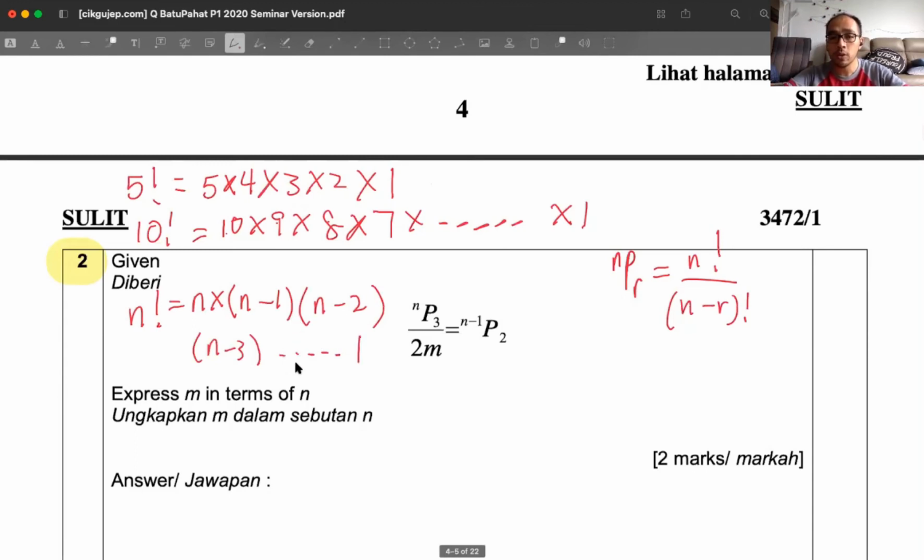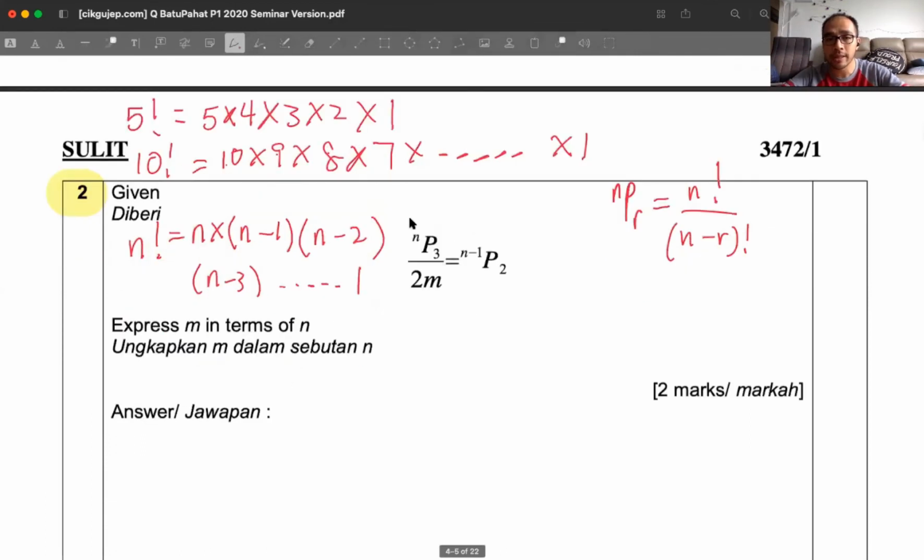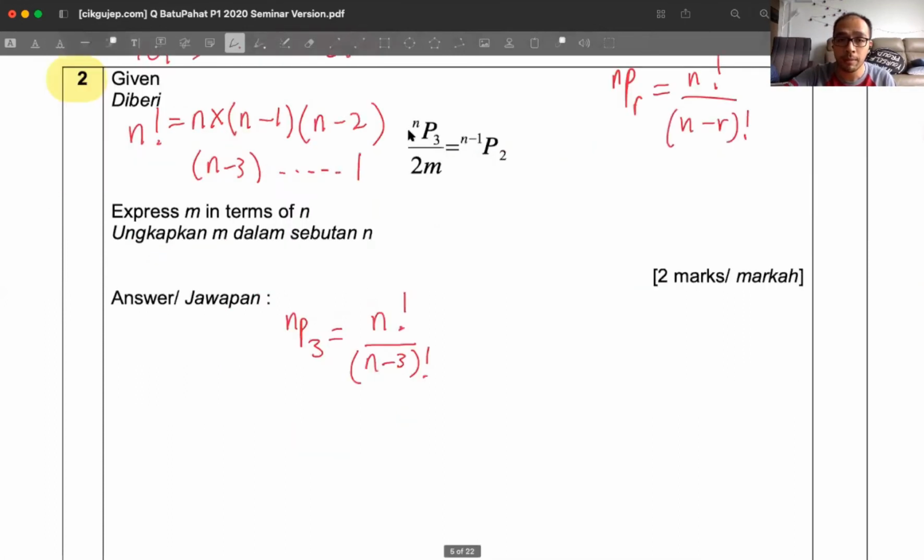Okay, so let's take a look at this. nP3 over 2m. Okay, so nP3, if I change this, will be n factorial over n minus 3 factorial. Correct? Okay, I'm going to do it separately and then I'm going to combine it later. So n factorial over n minus 3 factorial, I can split this n factorial so that I can cancel this.